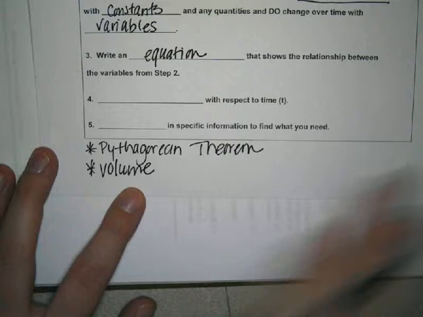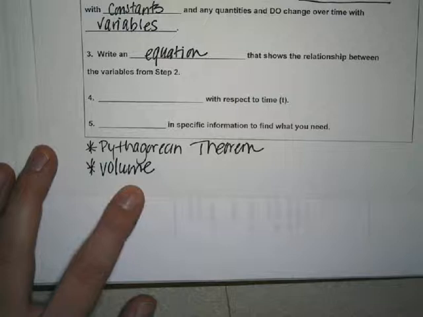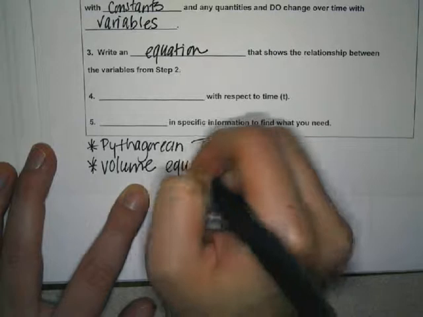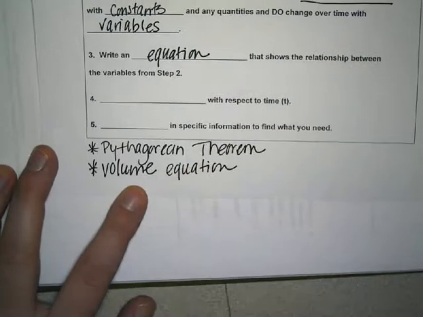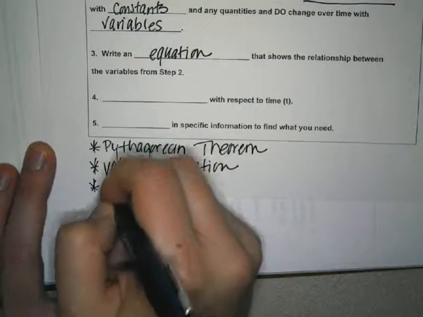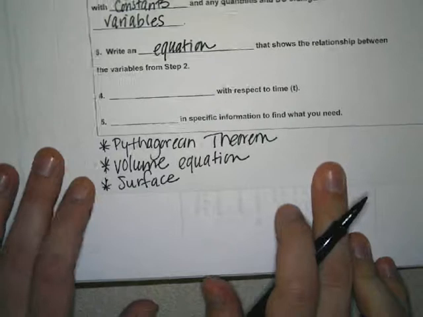Anytime it talks about something that has to do with volume, the volume equation of the object that you're looking at is the one that you usually use. So I'm just going to write volume equations, but the volume equation you use would depend on the object that you're looking at. We'll cover the most common ones.